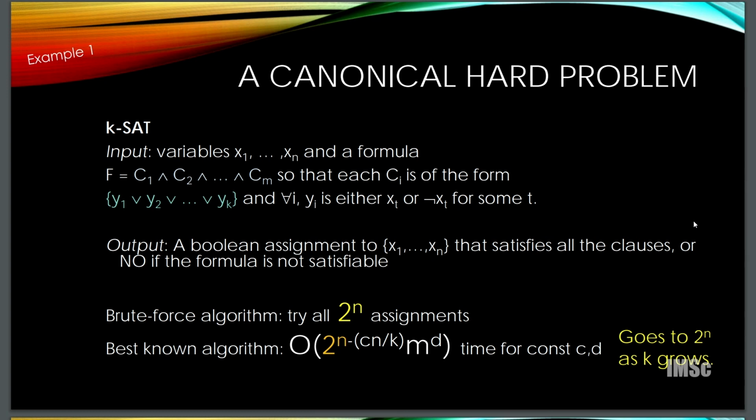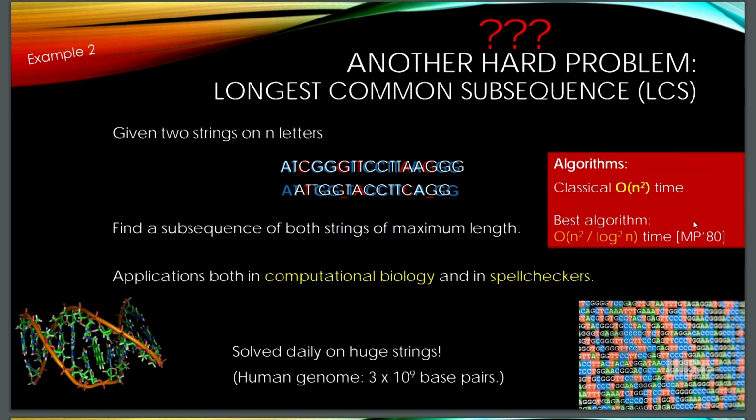The brute force algorithm tries all 2 to the power n assignments, and nothing significantly better is known. For small k, like 3-SAT and 4-SAT, very efficient algorithms are known, but as k increases, you are stuck with more or less 2 to the power n. So can you do better than 2 to the power n?